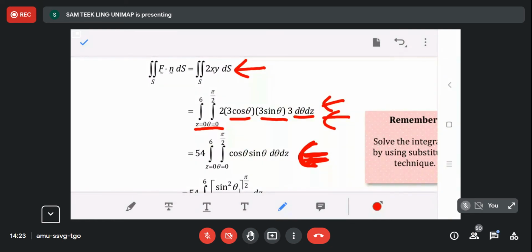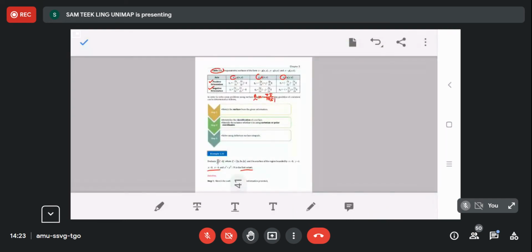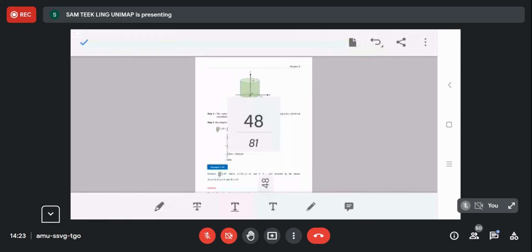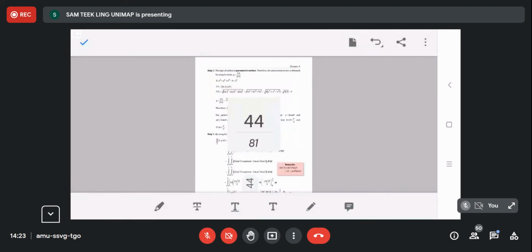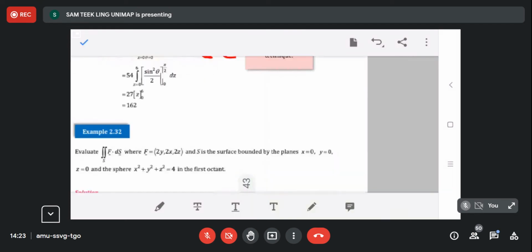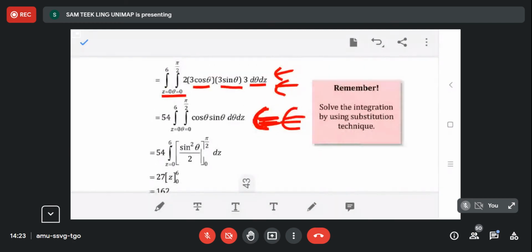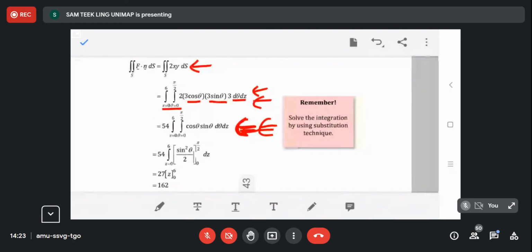Then after we finish, in this form, we can integrate. For this one, you use substitution to integrate.